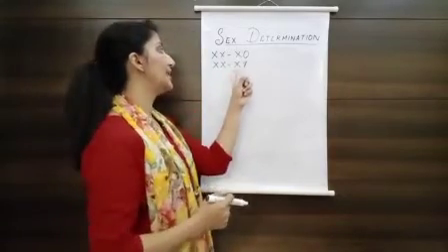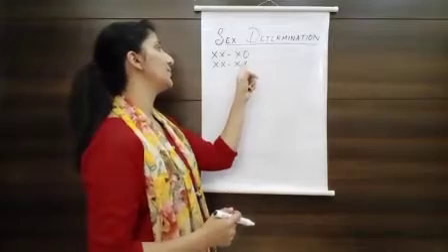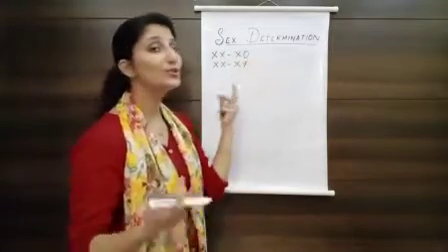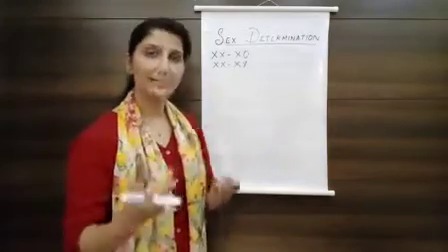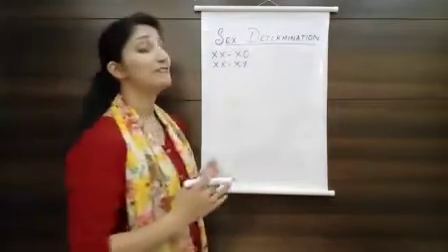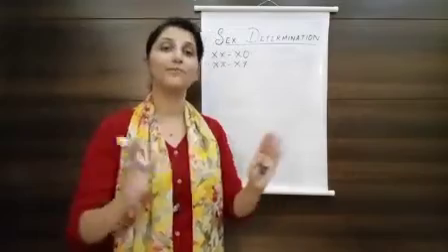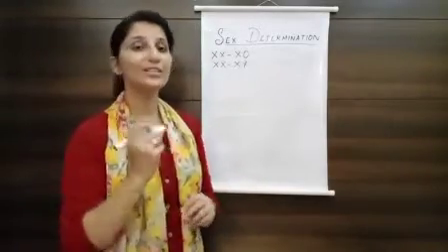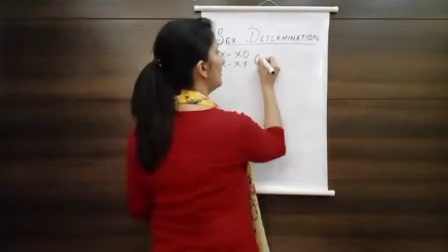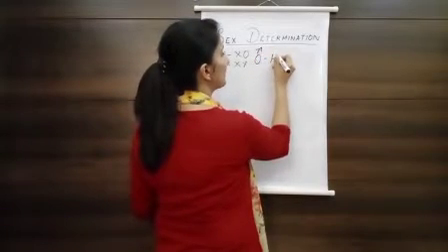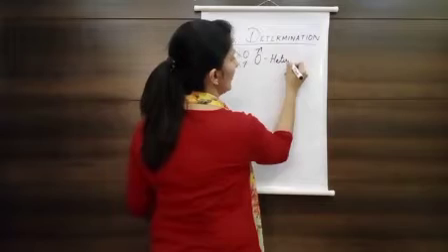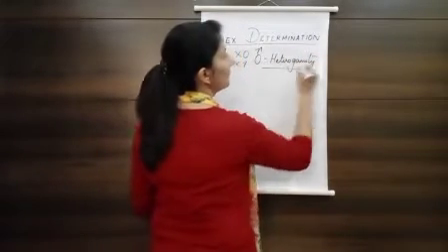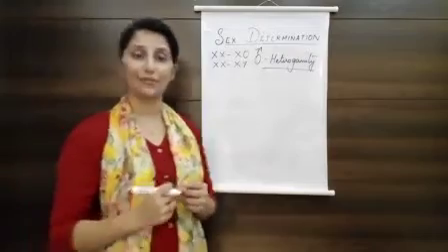Here it was X containing sperm and Y containing sperm. Here it was X containing sperm and X lacking sperm. So two different types of gametes were produced in males, whereas all the females were similar and produced a similar type of eggs. So this is an example of male heterogamety. Is it clear?